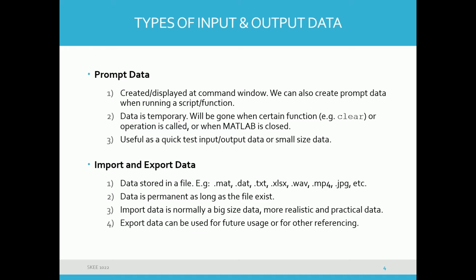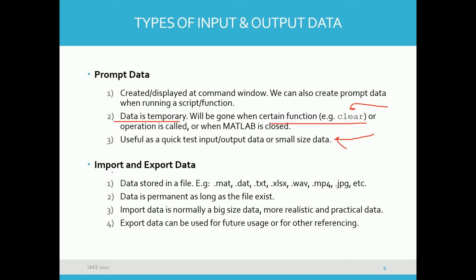If you close MATLAB, the display will be gone, the data will be gone. You can also clear it with clear, which I already showed you how to do. It is useful as a quick test of input and output data. If you want to calculate something quickly, it is good to use prompt data because it is quick.